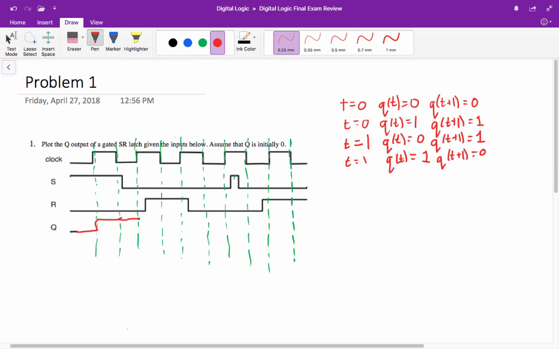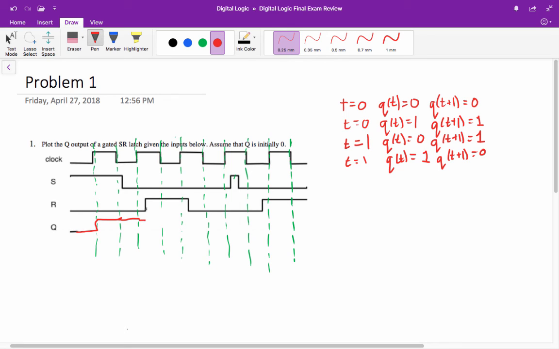But now when the clock is 1 again, we'll look and see what the values of S and R are, and the values of S and R here are both 0. And when they're both 0, that means no change. So we'll have no change. Wait, no, hold on, because there is a change during the clock cycle. So there's no change until we get to here.